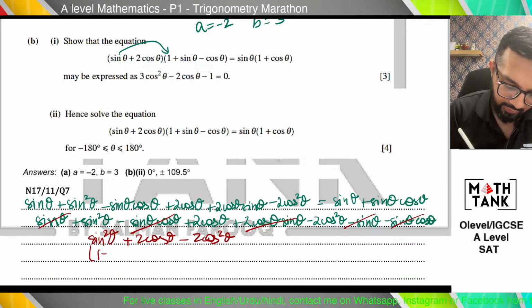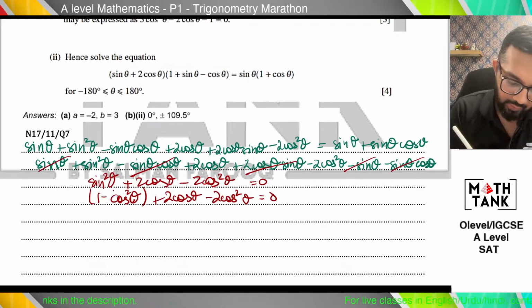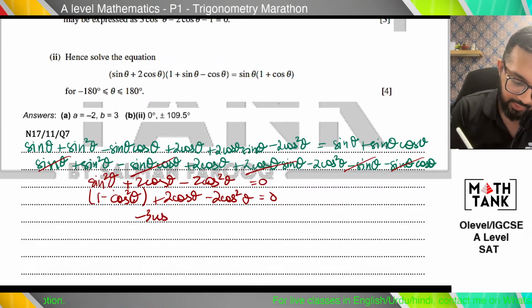So I'll change this to 1 minus cos square theta, so minus 3 cos square theta.